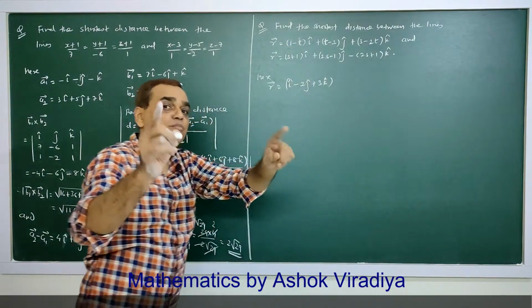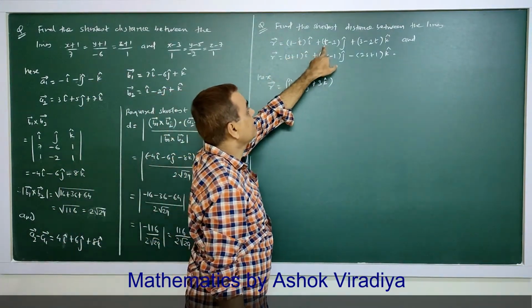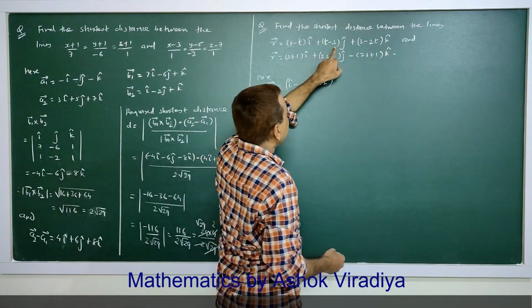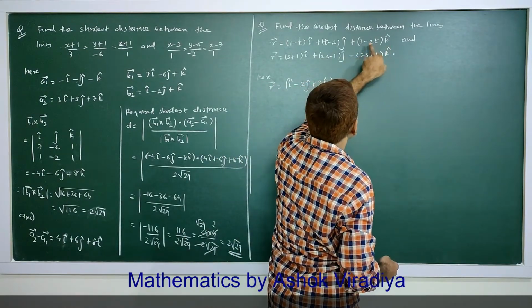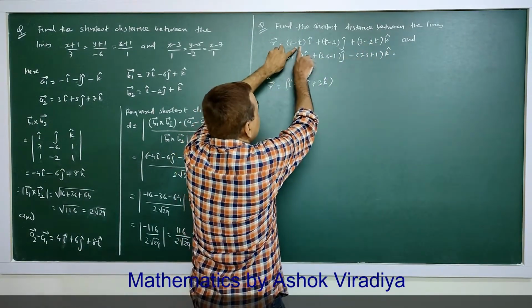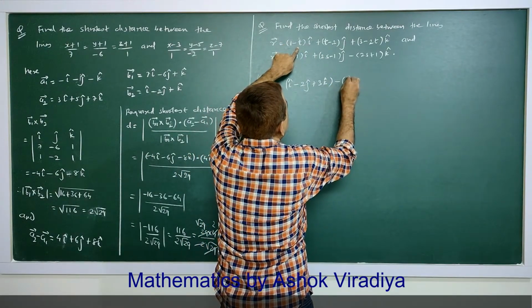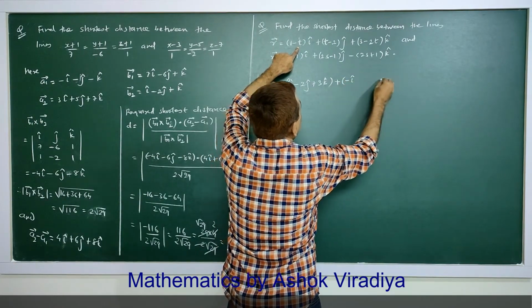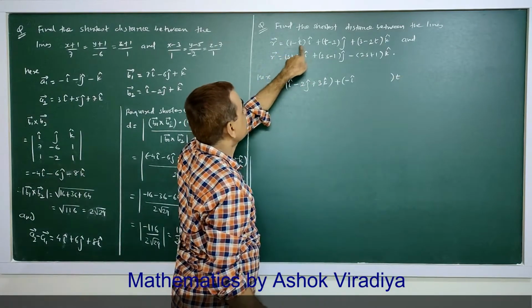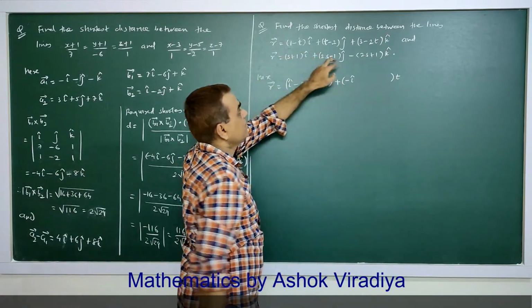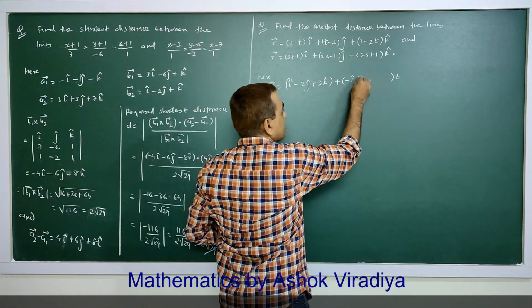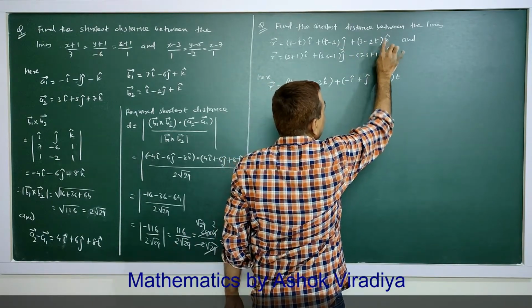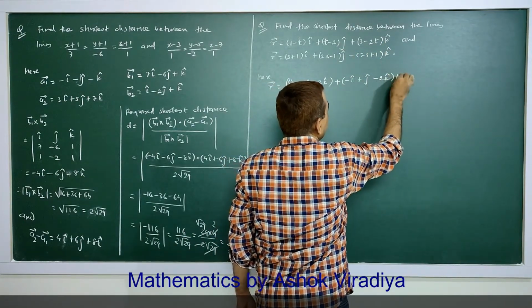Separated terms which are free from the variable t, the parameter t. Here t is a parameter. So 1i minus 2j plus 3k. Now minus ti, so here I keep minus i times t; then tj, j into t; and minus 2tk, minus 2k into t.